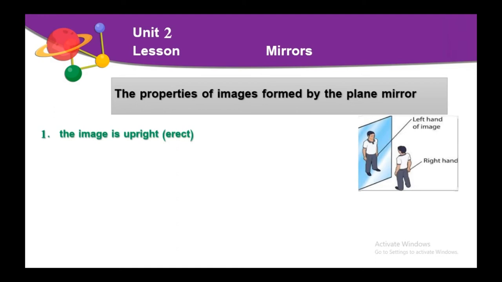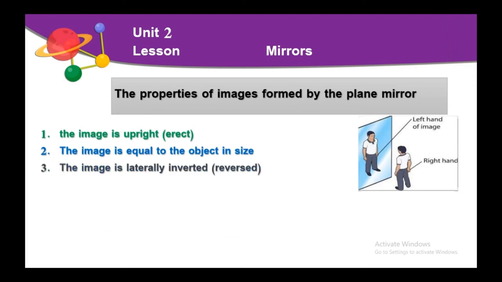This means it has the same order of your body, head, chest, and legs, with the same arrangement. Upright is the opposite of inverted. Number 2, the image is equal to the object in size. This means that your length in front of the mirror equals your length in the mirror.